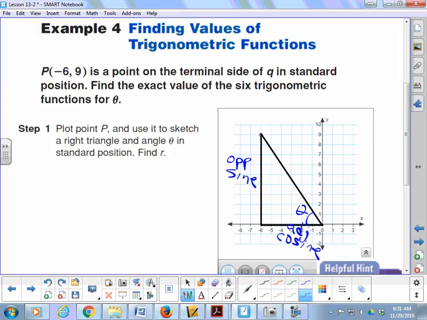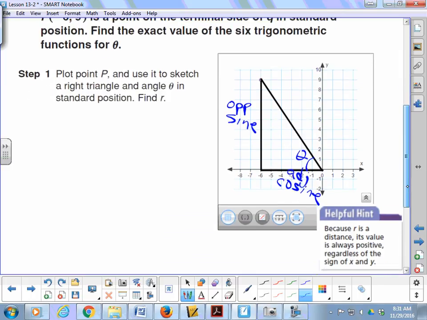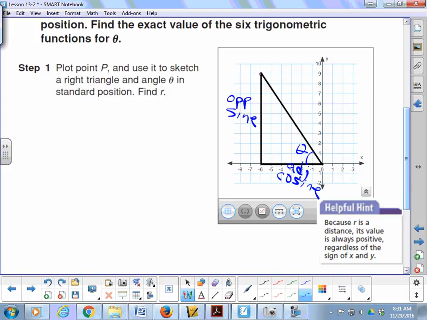So to find sine, cosine, and tangent, y is always going to be the opposite side. x is always going to be the adjacent side. So we associate them that way. So sine of theta equals, well, we've got to find something first, right?